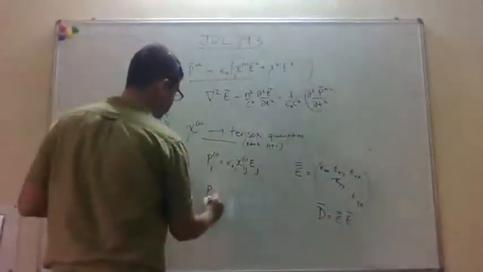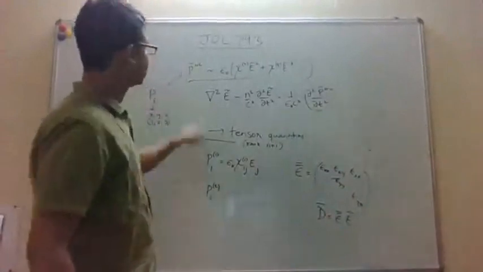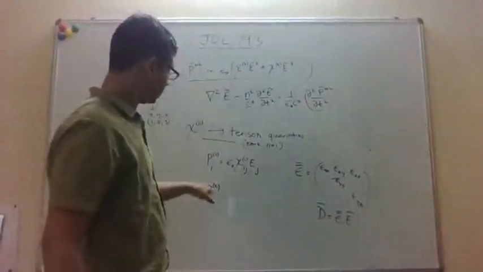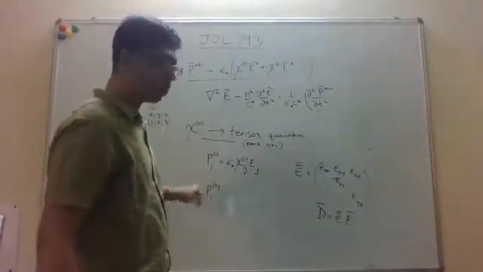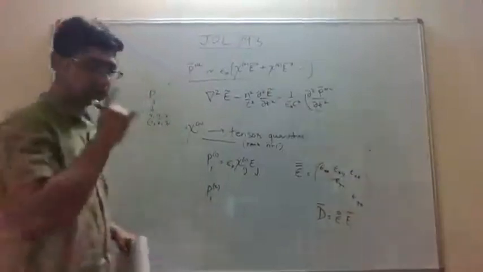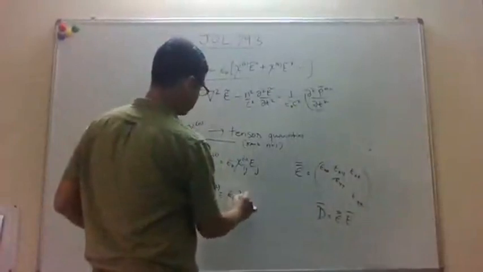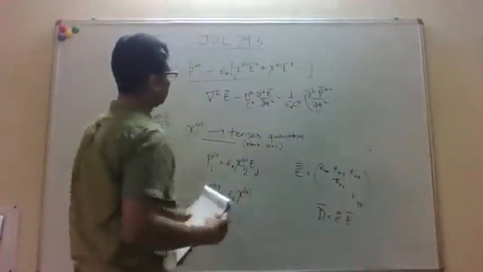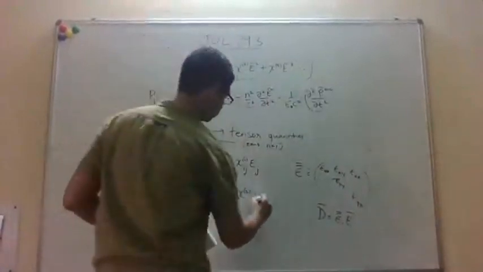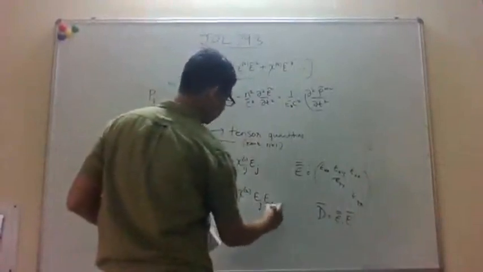So now, if you extend this to second order, so I look at the second order susceptibility, I'll use this term: P bracket 2 denotes second order polarization. Again, polarization is a vector, so I have one index, so I denote Pi. On this side I have epsilon naught chi 2, and then I have E squared, or two terms of E. I can choose one index j for one of them, k for the other.